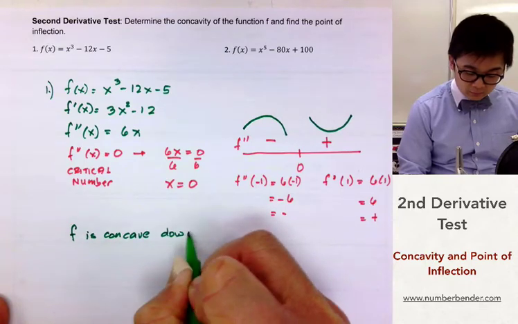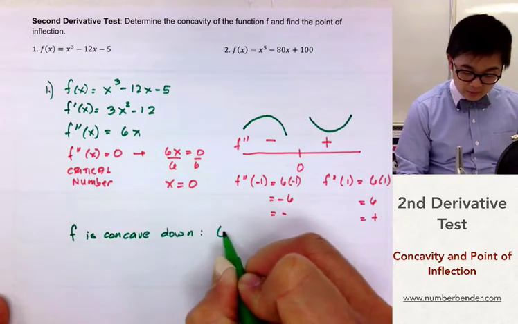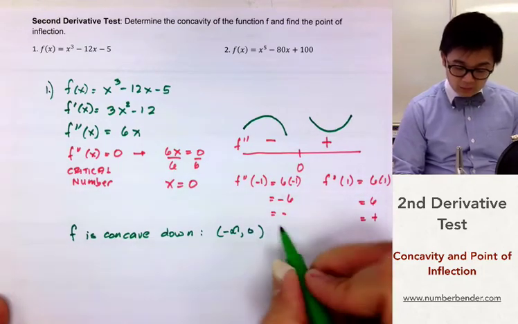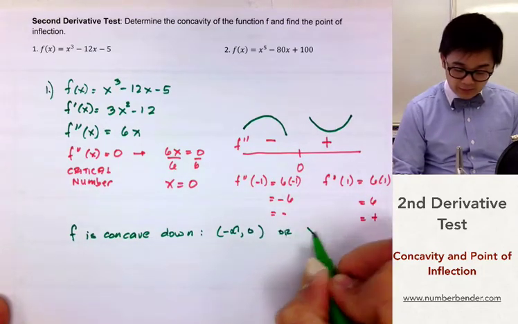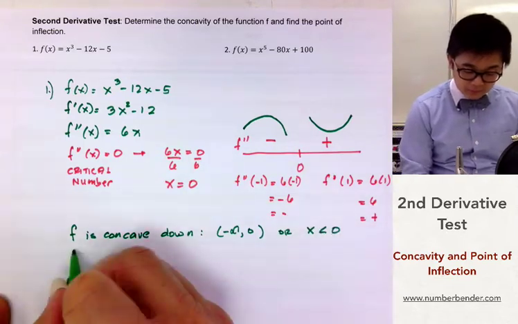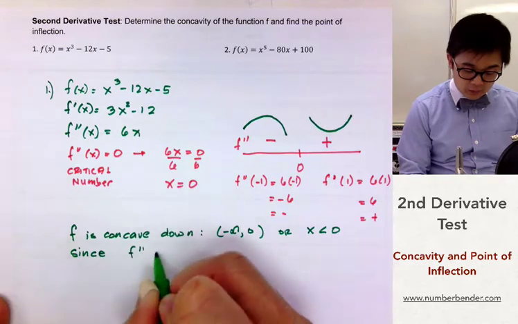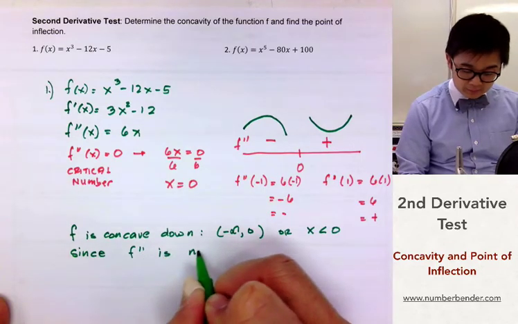So for our analysis, function f is concave down on the interval -∞ to 0, or we can write it out as x less than 0, since f double prime is negative.